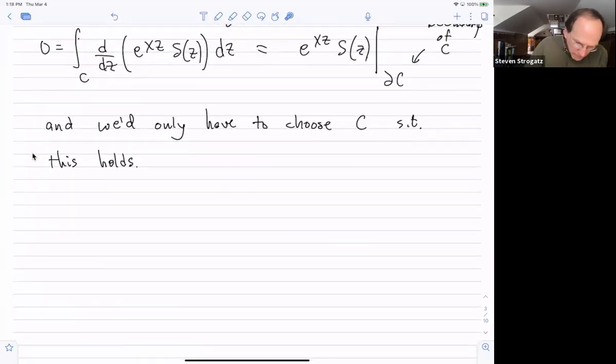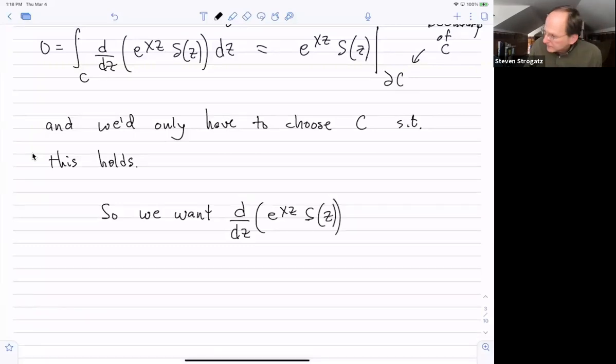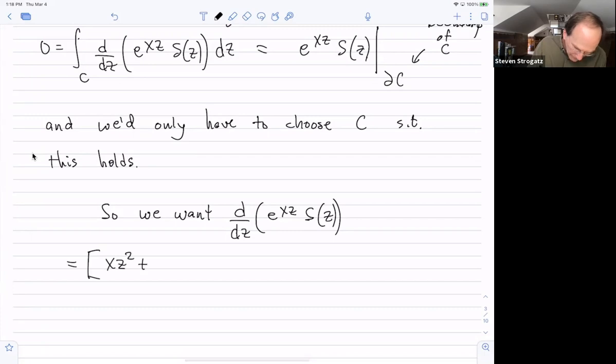All right, so far we want d/dz of e to the xz S of z to equal xz squared plus z plus x. I'm just copying the integrand.